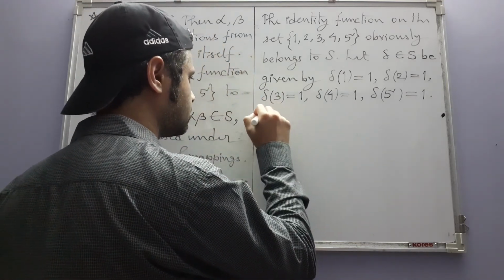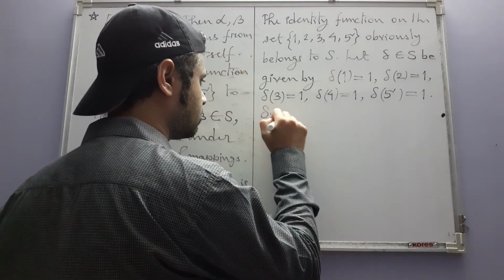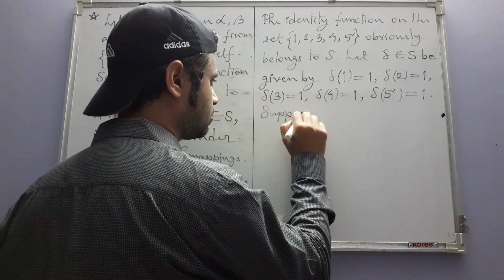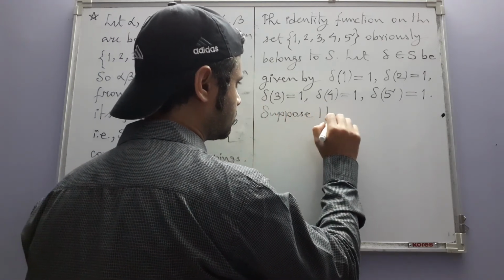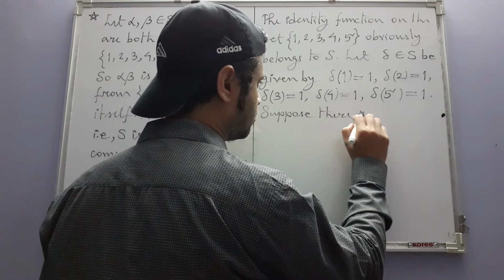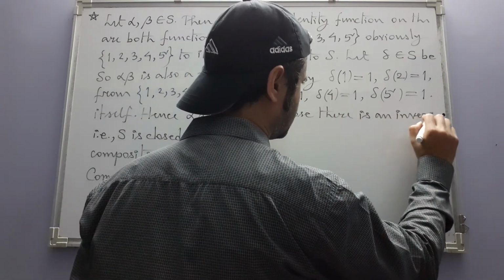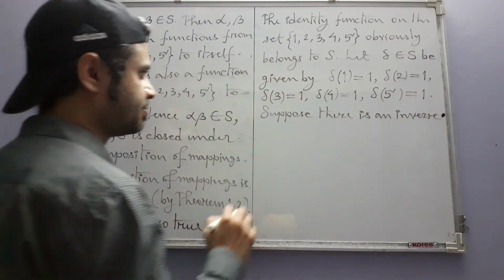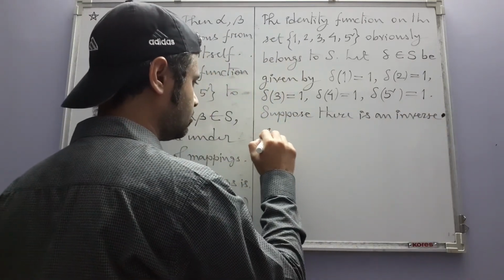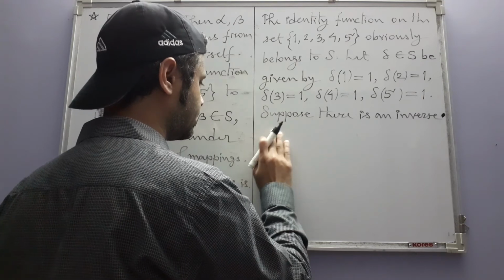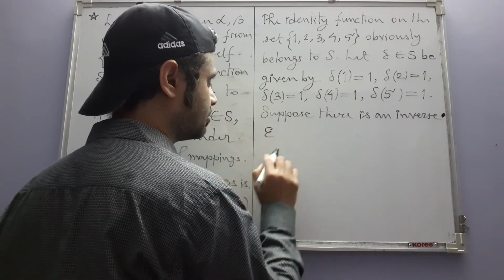Suppose there is an inverse. We have taken delta, no? So let us take epsilon next.